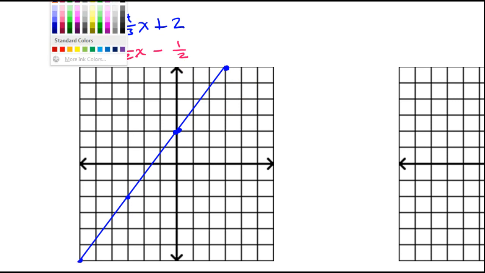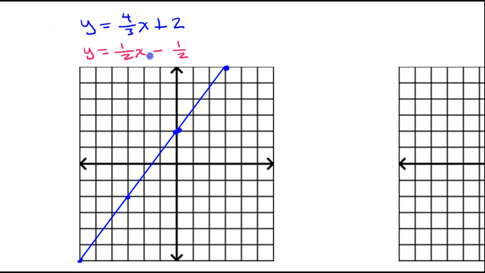So now let's try the red one. So the y-intercept is negative 1/2, so that's down half a square, so that'll be right here in the middle. So the slope is 1/2, so that's rise over run, up 1, right 2.